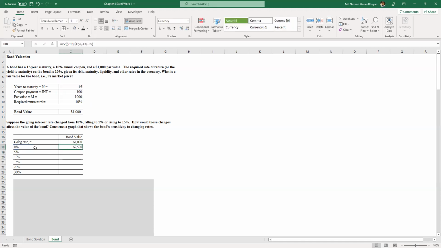All right. Whenever the market interest rate or yield to maturity in the market is 0%, then the bond price should be 2,500. Okay, let me see what happens here. Okay. Let me change the formula.